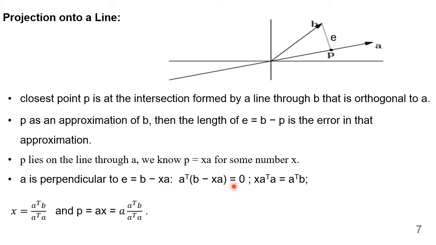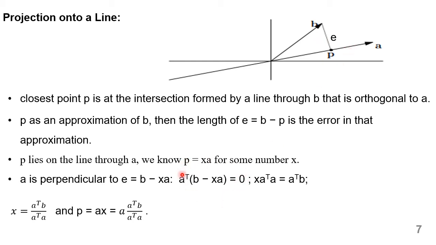And we know that A transpose (B minus xA), earlier we have called this as y, should be equal to 0 if they are orthogonal to each other.